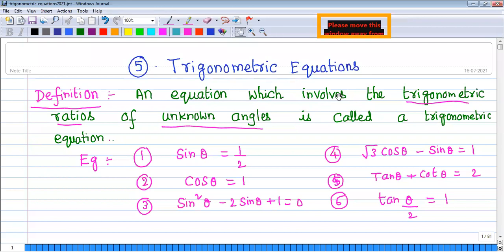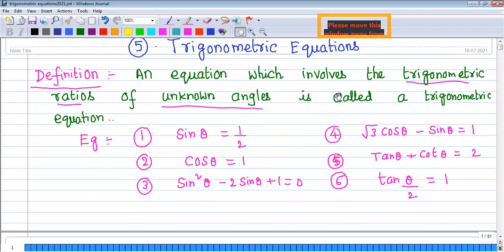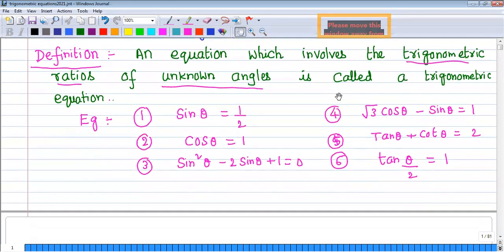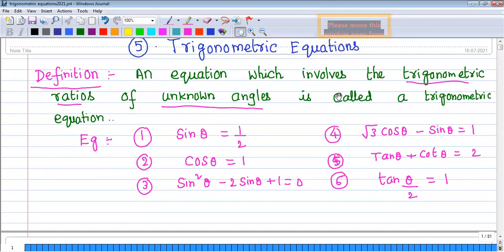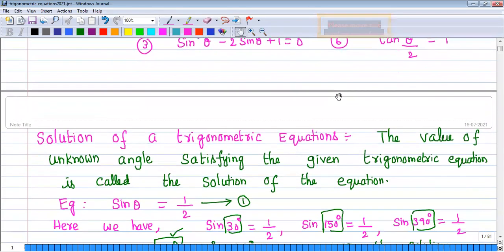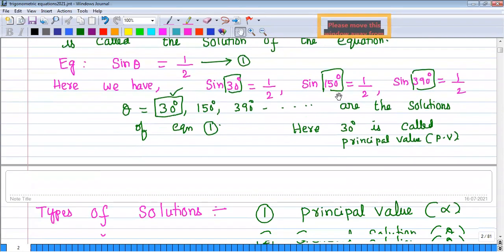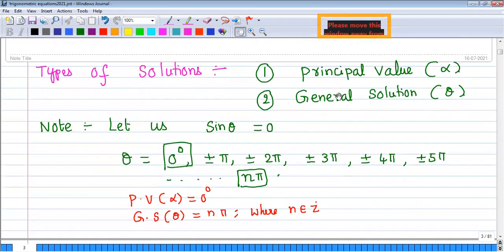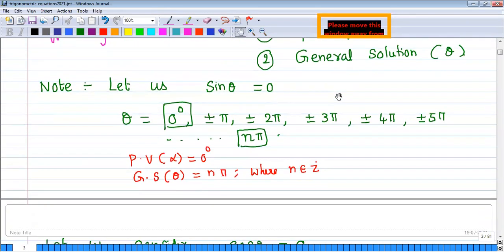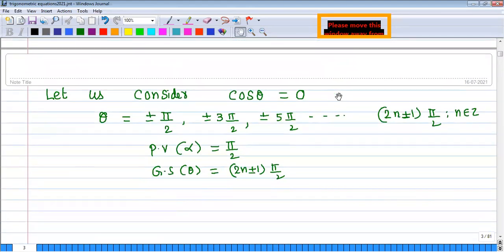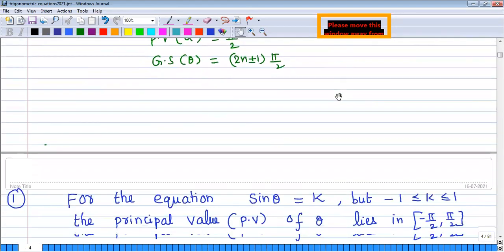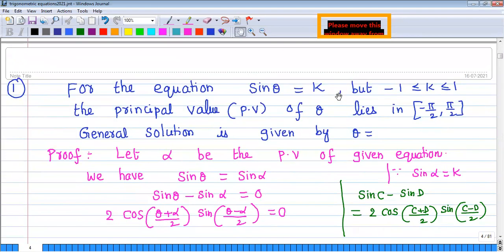The principal value alpha is pi by 3, that is 60 degrees. Yes, correct. So n pi plus minus 1 whole power n into pi by 3, where n belongs to Z.